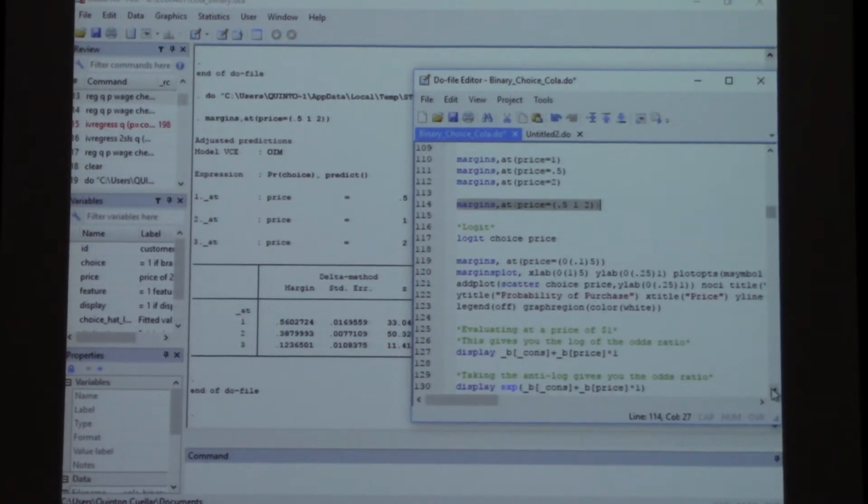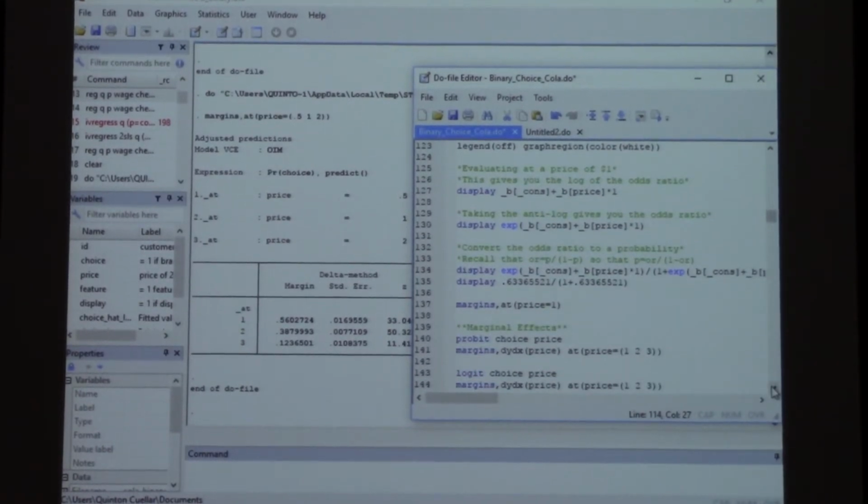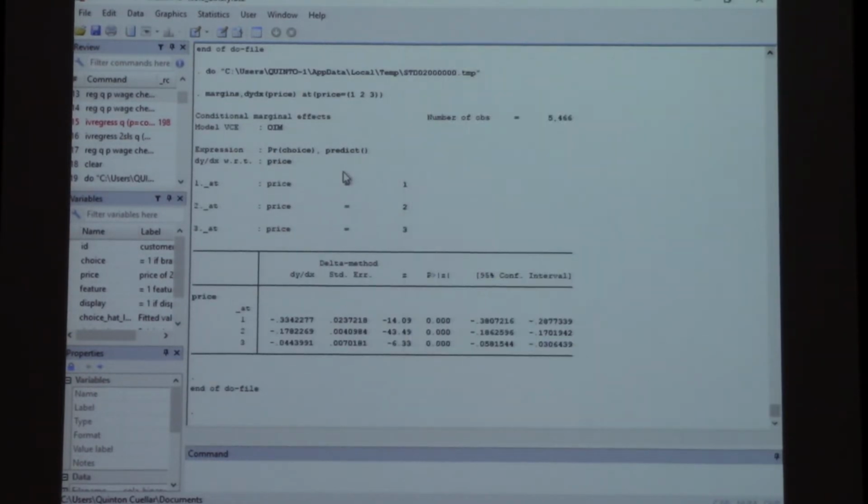So we can evaluate probabilities at, and we just did that. So prices. Remember marginal effects. Marginal effects are the slopes, right? And the slopes are the sensitivity of consumers to changes in price.